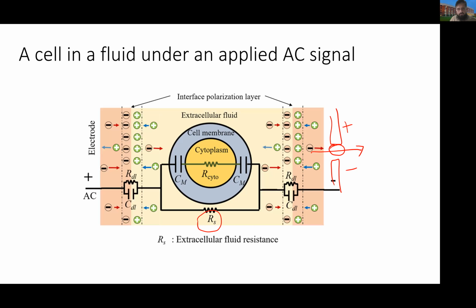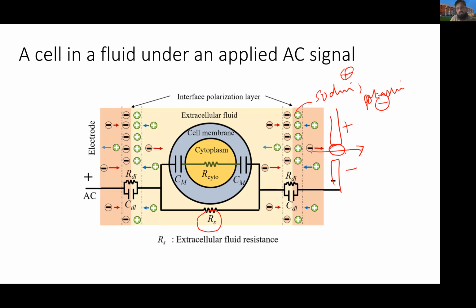Since blood or any fluid has many ions, like electrolytes, maybe sodium ions, maybe potassium ions, all these electrolytes inside the blood are charged particles. They can be positive, they can be negative.